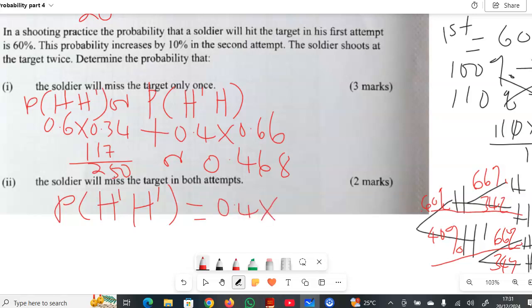Then you multiply by missing the second case is 34%, that is times 0.34. So when you multiply the 2, you're going to get 17 out of 125, or in a decimal is the same as 0.136.